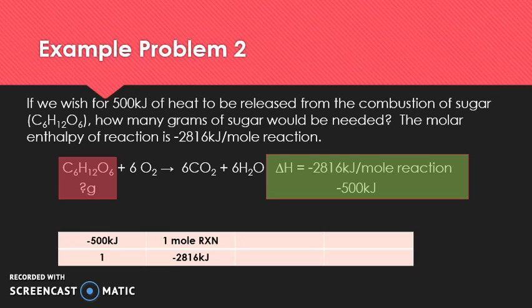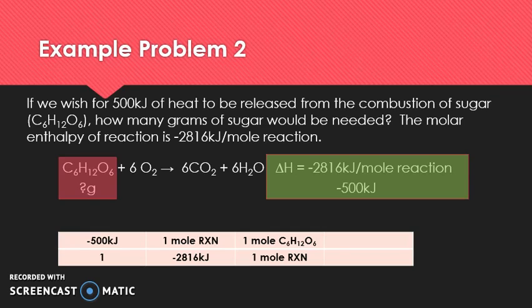That relationship is given in the problem as negative 2,816 kilojoules for every 1 mole reaction. Time for the mole-to-mole ratio, where moles reaction are going to fall down to the bottom, always 1, and you can relate it to moles of a specific chemical up top, in this case C6H12O6, and that number in front of it, although invisible, is a 1 as well.